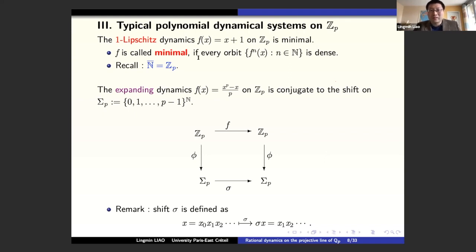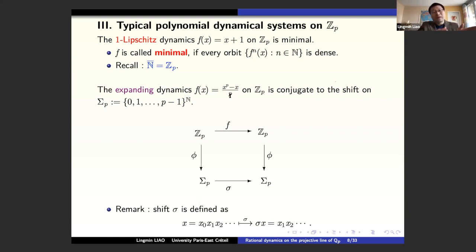This is a very fast example for one Lipschitz dynamics, and usually we need to study the minimality.